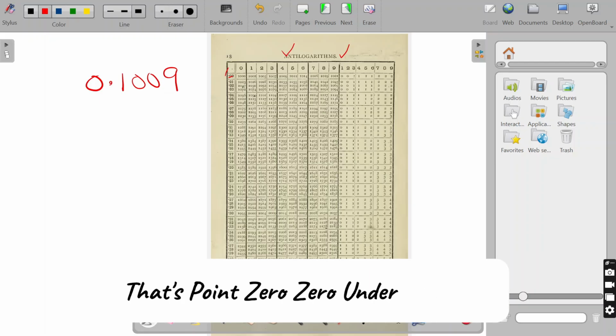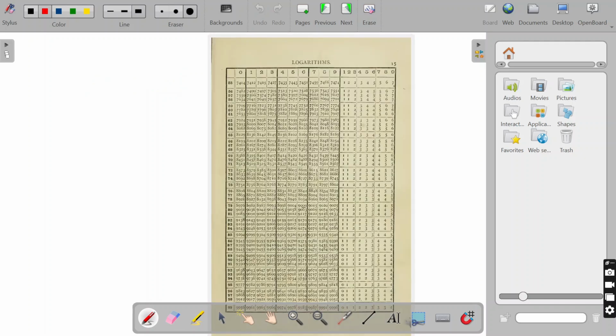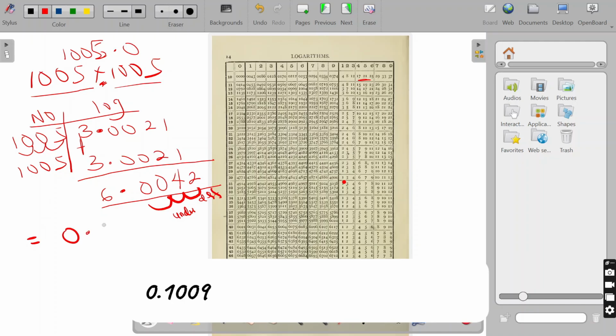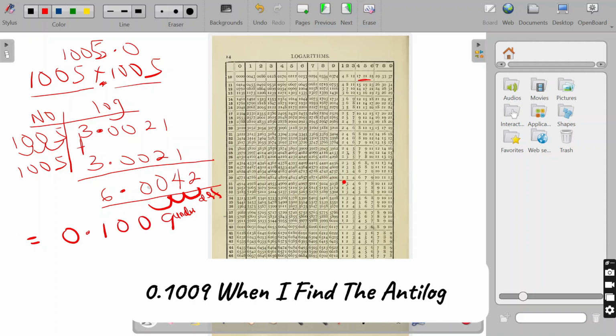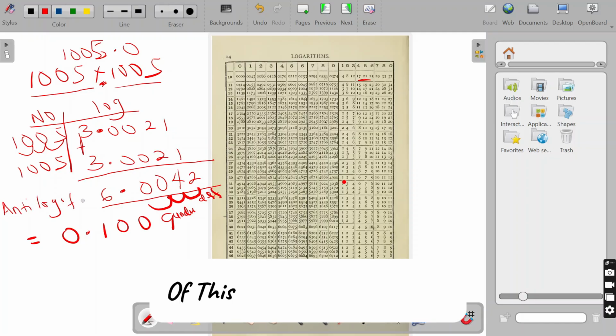That's 0.00 under 4 difference 2. So that will give me 0.1009 when I find the antilog of this.